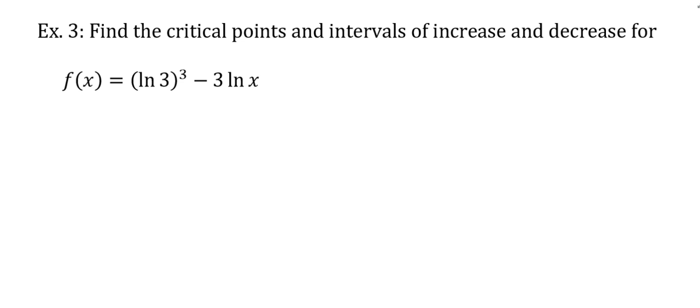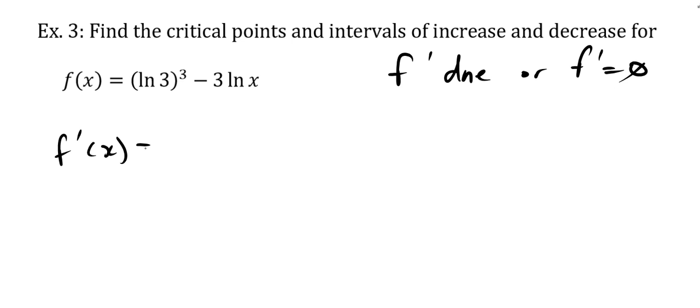Where do they occur? And when it doesn't exist. Good. Don't forget that. Sometimes we get rolling where we don't usually have to worry about it, so we start ignoring it. But we want to think about that too. Okay, so let's write that down, where f prime does not exist or f prime equals 0. So let's go ahead and find f prime. Why don't you try that?